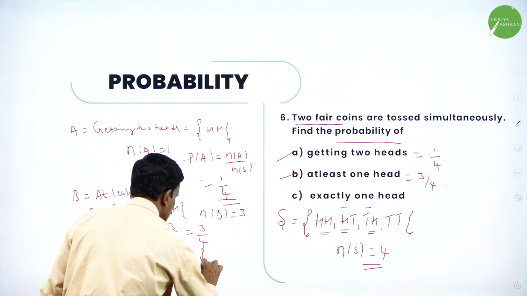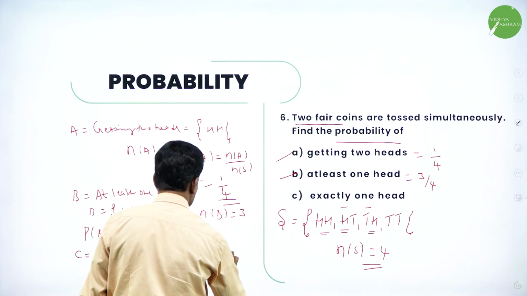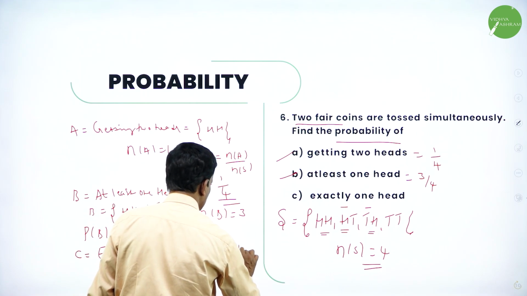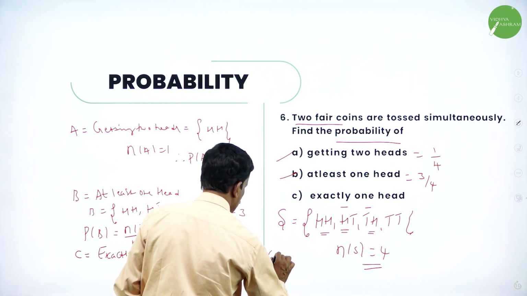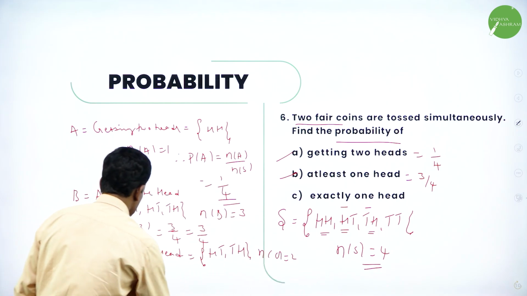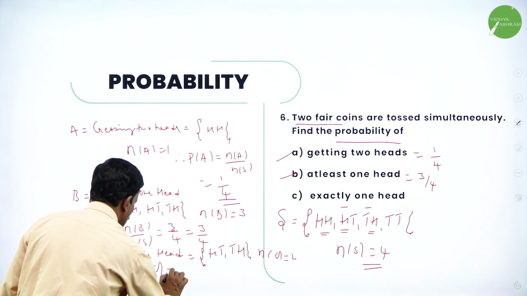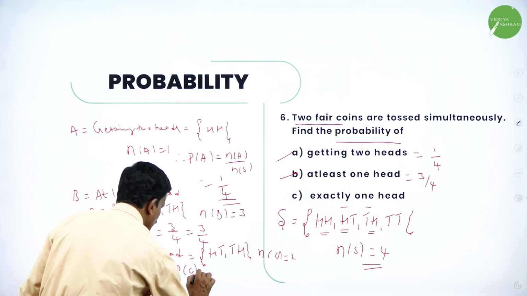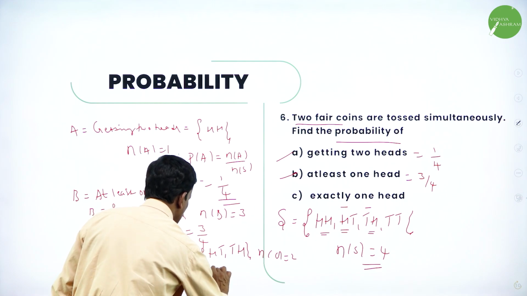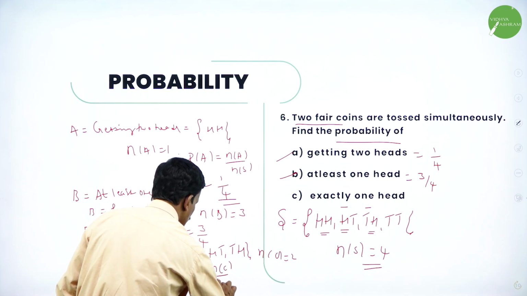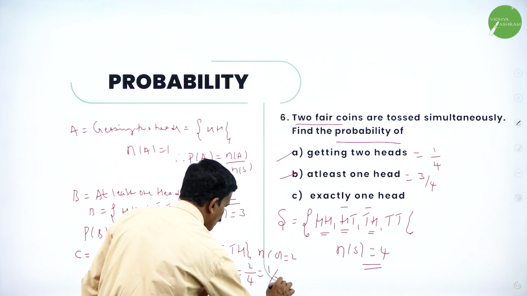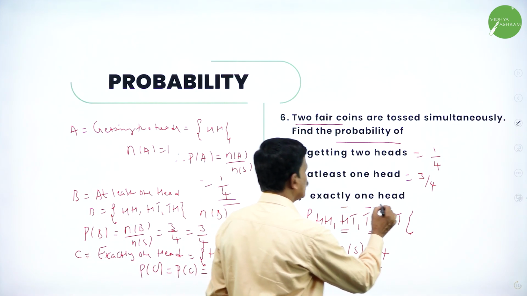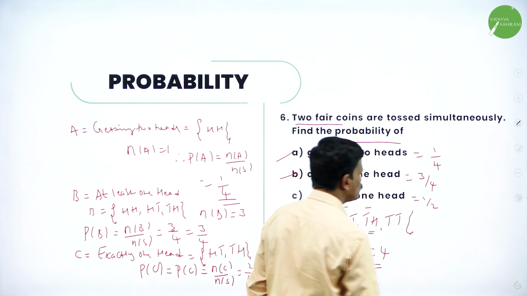That is H and T, T and H. How many are there here? So n of C is equal to 2. Therefore, the probability of getting exactly one head is n of C divided by n of S, that is 2 by 4, which is 1 by 2.